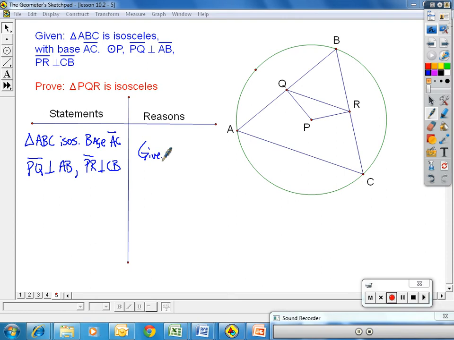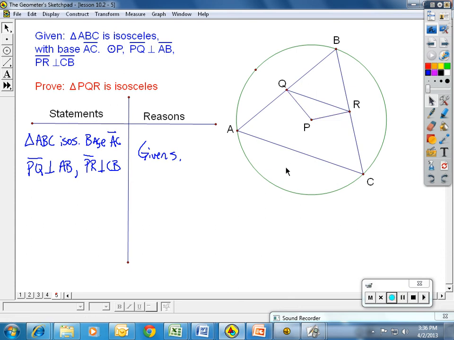Those are my givens. Now we're going to start to deduce. What do I know to be the case? Well, let's use the theorem from today. If my two chords are congruent, if it's isosceles, they've got to be congruent. And if my chords are congruent, then they are equidistant and those are congruent.